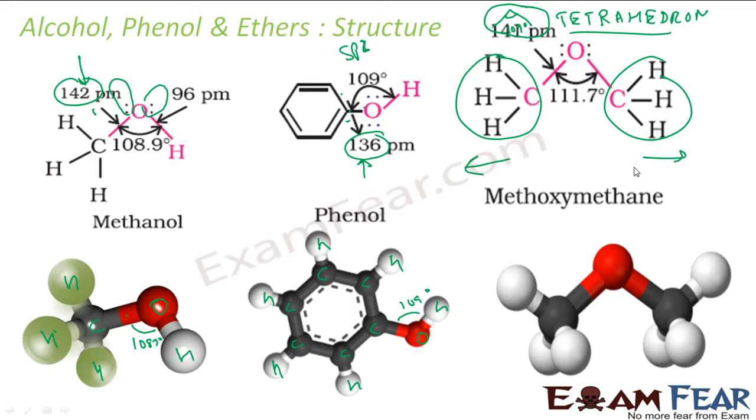So because of the bulky groups, they repel each other and the angle increases. Correct? So it is typically 109. Since the repulsion is there, it becomes like this. So this is the typical structure of my ether here. I have oxygen here, I have carbon here, and hydrogen or any alkyl or aryl group here.